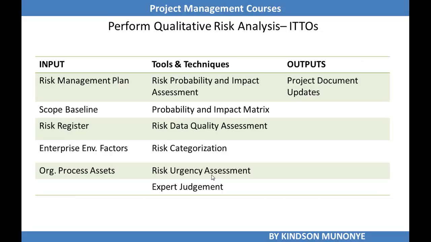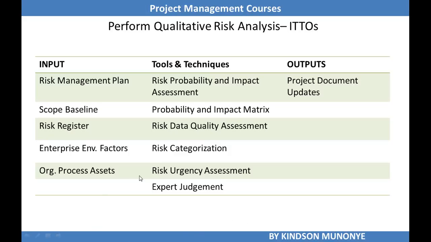Let's now take a look at the ITTOs of perform qualitative risk analysis. One of them is the risk management plan. The scope baseline is another one. The risk register, the enterprise environmental factors, and the organizational process assets.